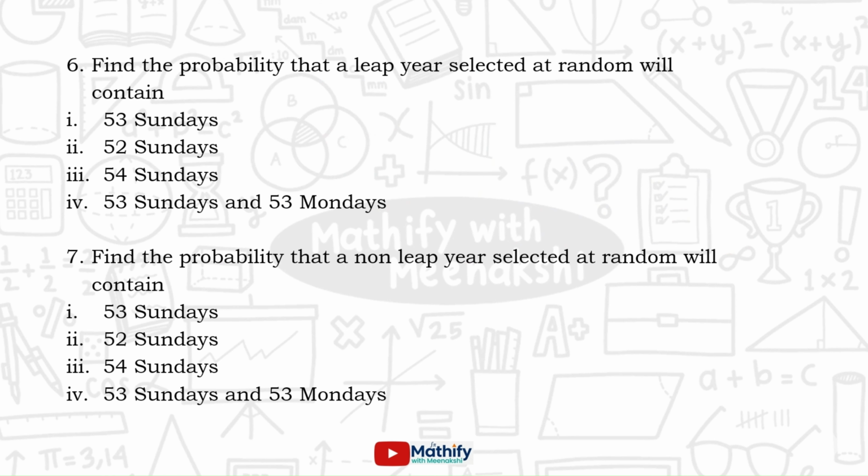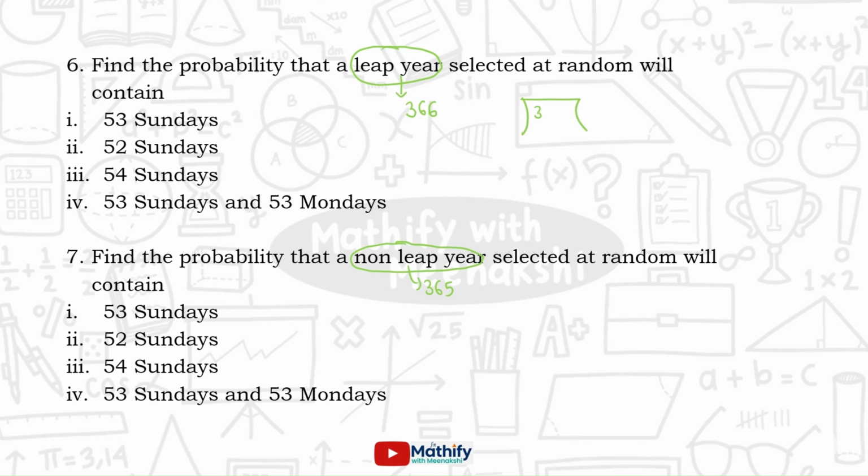Find the probability that a leap year selected at random will contain... Now you should know how many days we have in a leap year: we have 366 days, and in a non-leap year we have 365 days. Now again, it's talking about weeks, so we'll divide by 7.